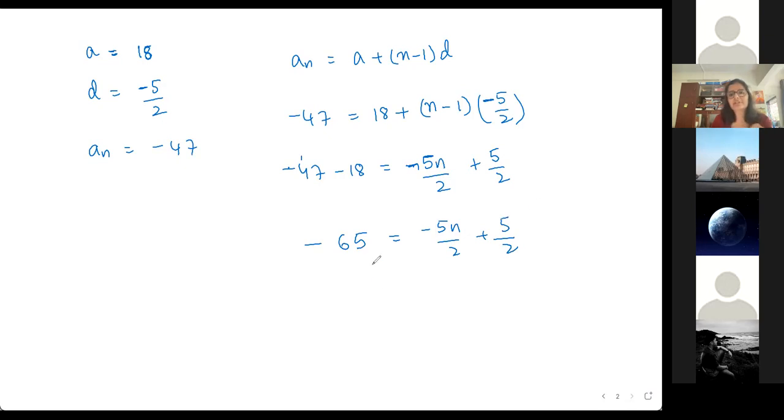So you just gotta be careful, because fractions and all are there, na? Minus 5n by 2 equal to minus 65 minus 5 by 2. So both sides are minus. I'll take minus 1 common, make this 65 plus 5, like this. So 130 plus 5 is 135 by 2.